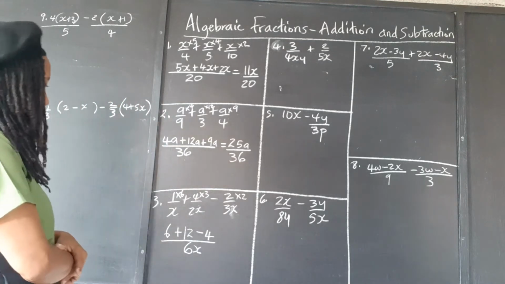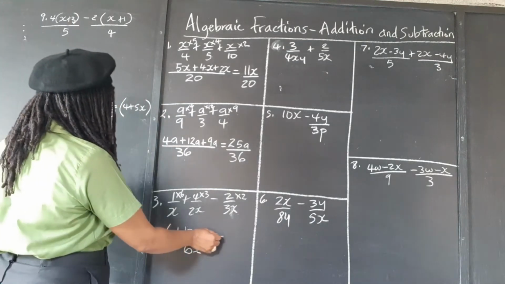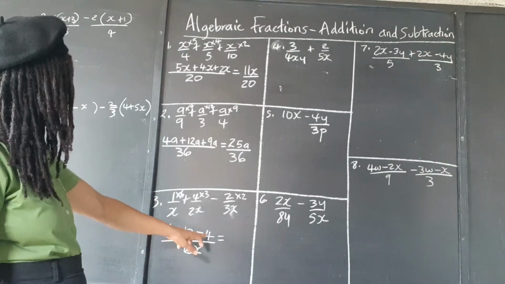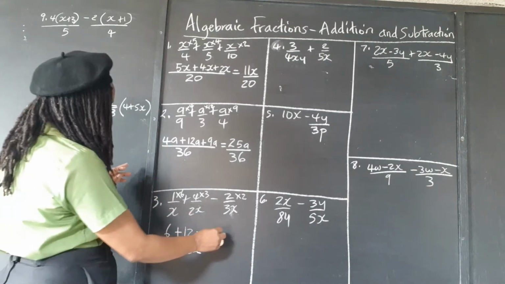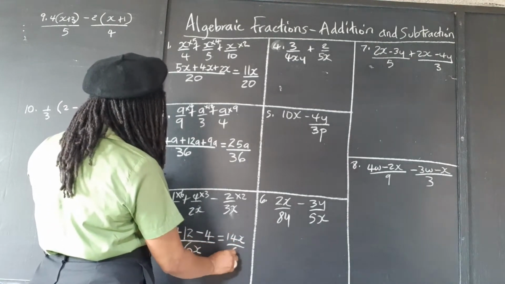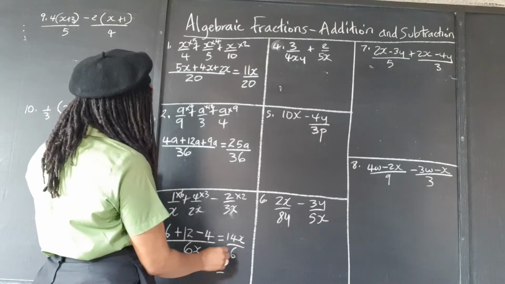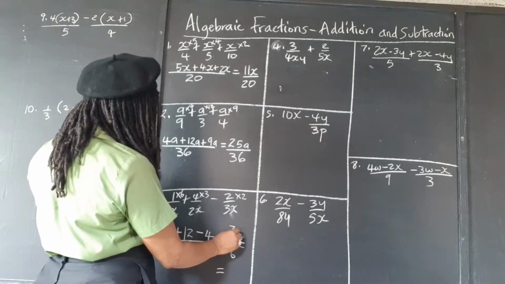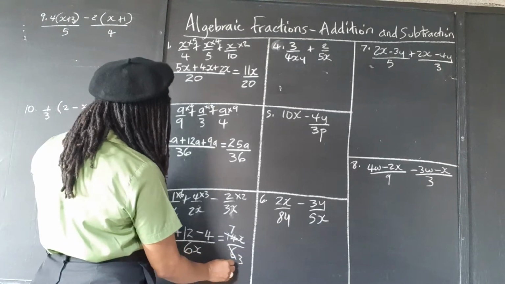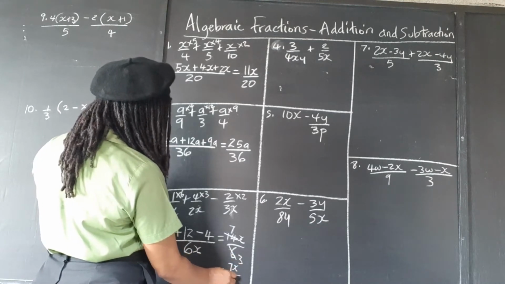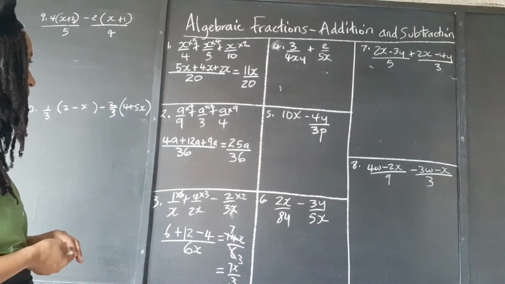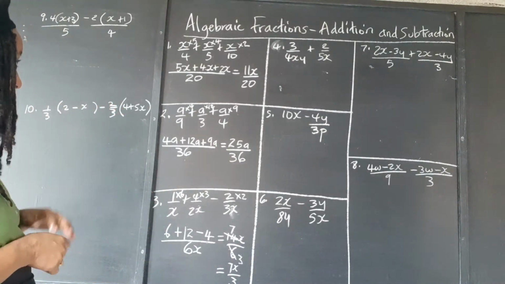Alright, so what we have, 6 plus 12, that's 18, take away 4, that's 14 over 6, which can be reduced. 2 into 14, 7, and 2 into 6, 3. So that's 7x over 3. Alright, so that's our answer, 7x over 3.